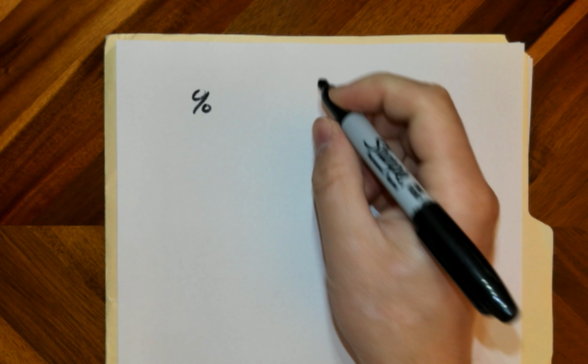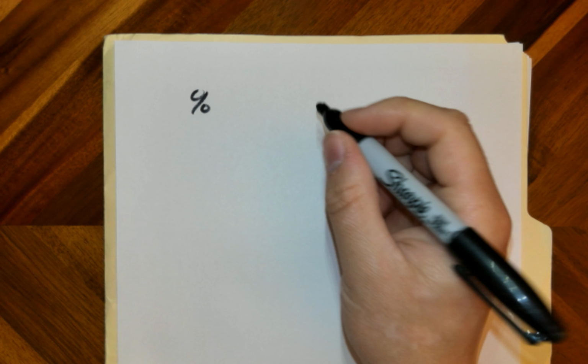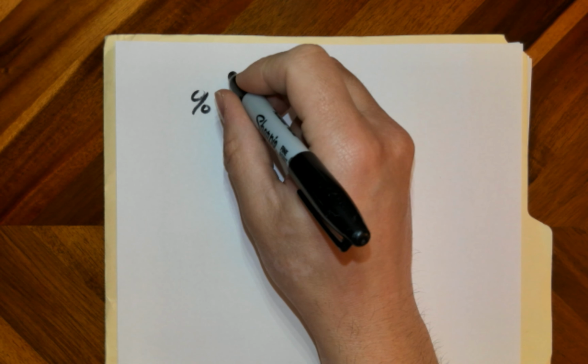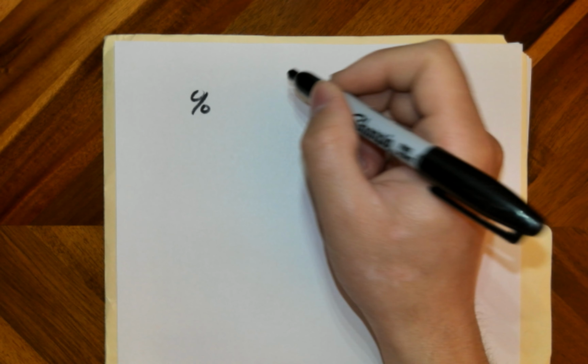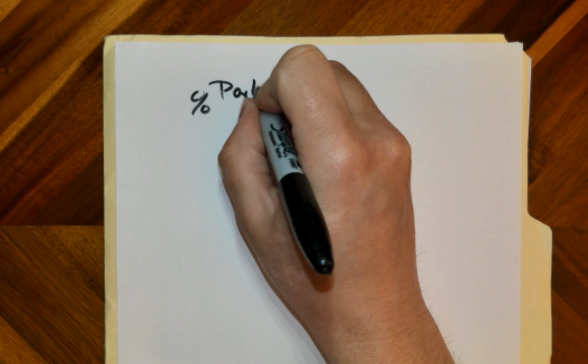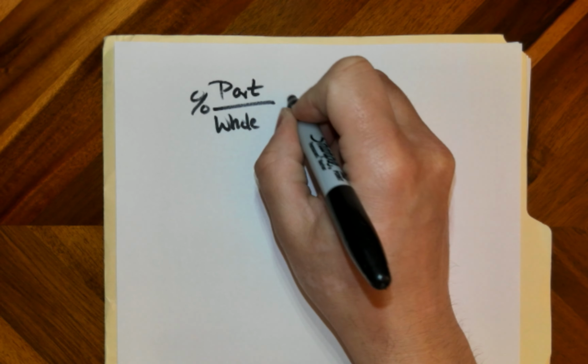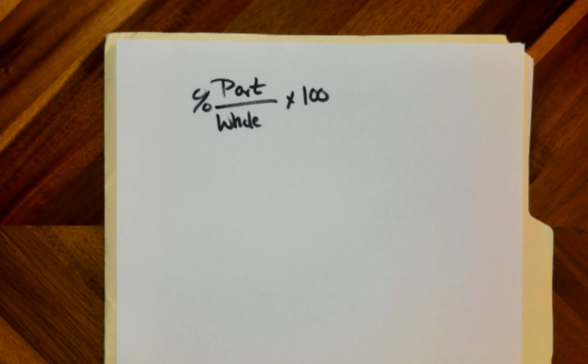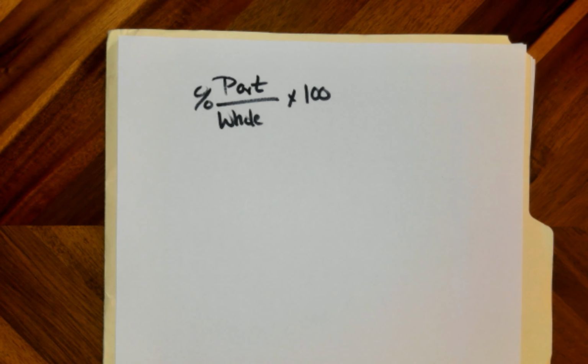Question 1a is asking you, what fraction of the theoretical yield did the student collect? With a theoretical yield of 45.0 grams and an actual yield of 38.2 grams. In the case of percent yield, we are not quite doing the part over the whole times 100 per se, though we are going to be doing something similar to that.